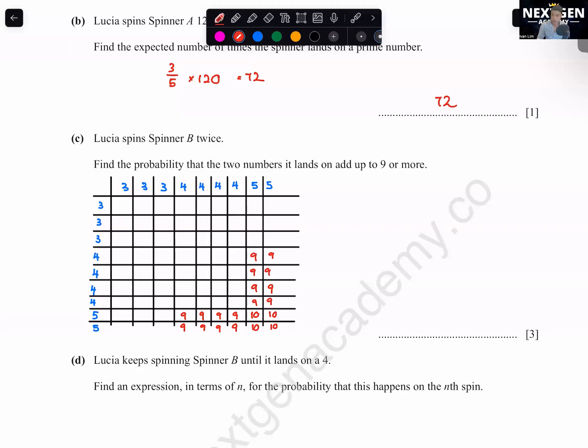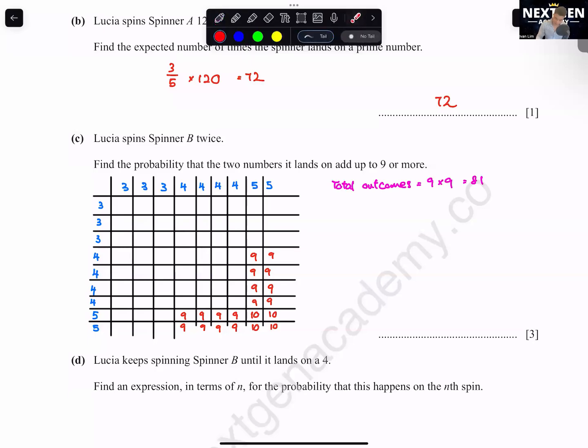Any more? No more, right? Then you also see how many outcomes you will get in total. So you see here, I got 1, 2, 3, 4, 5, 6, 7, 8, 9. 9 times 9. So total outcomes equals 9 times 9, which is 81.